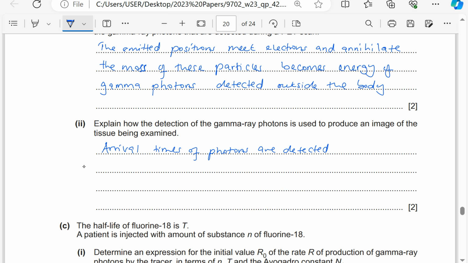Arrival times of photons are detected, processed, and an image is built up of tracer concentration in the tissue.